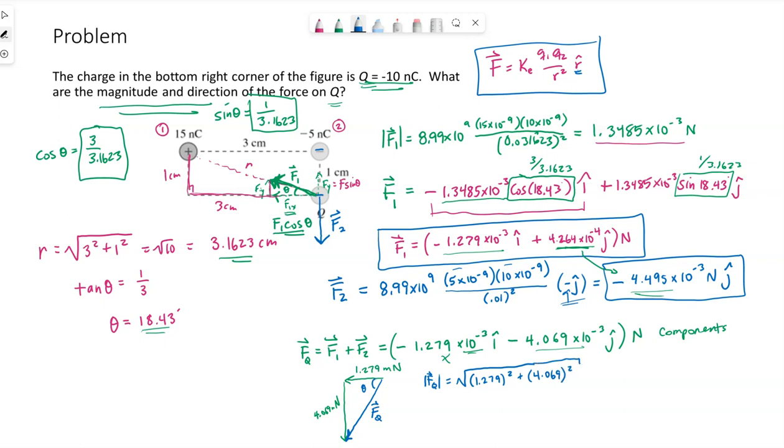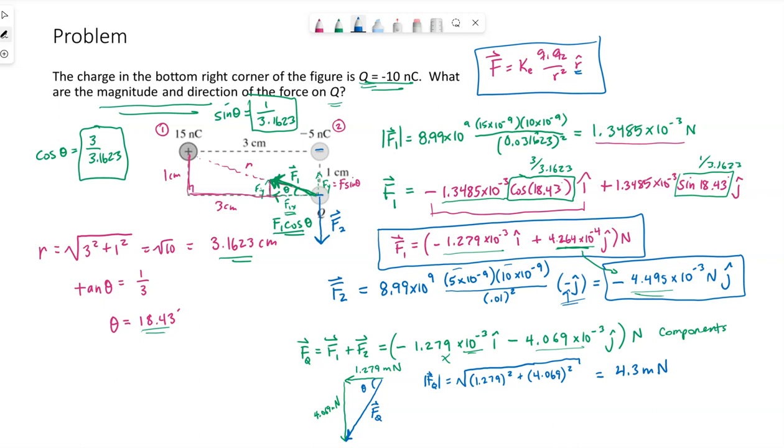Those are in millinewtons. So when I plug that through, our answer will be in millinewtons. So 4.3 millinewtons is the magnitude.